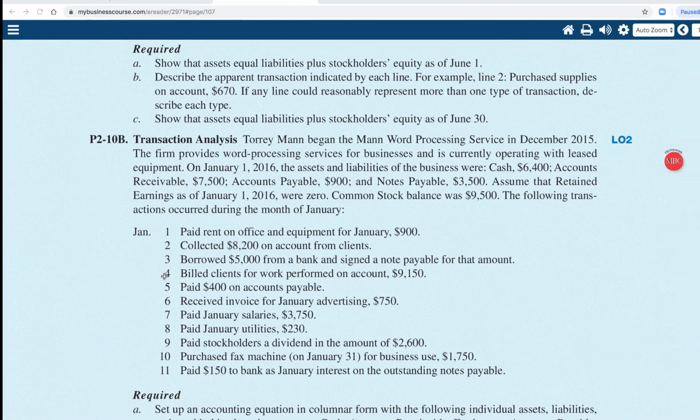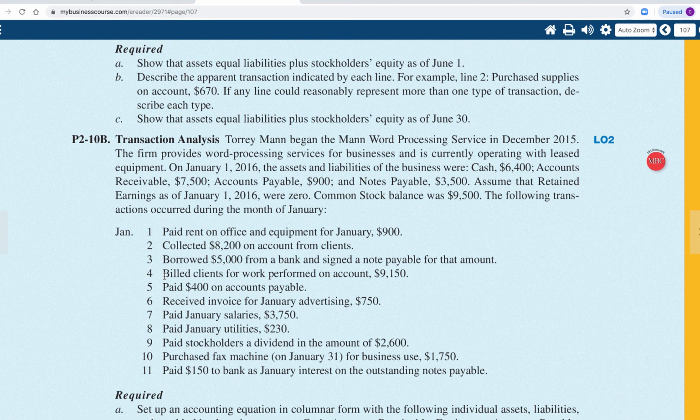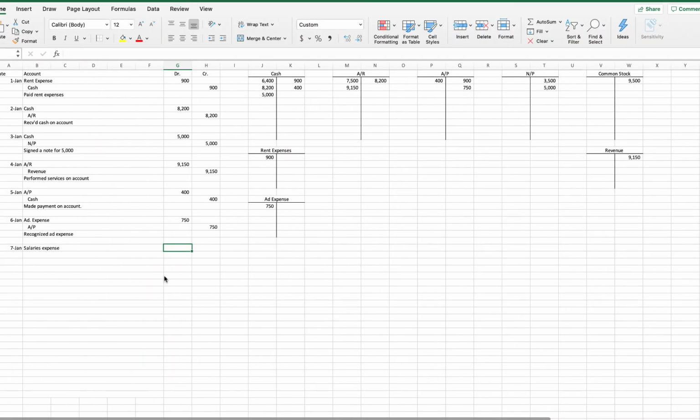And I apologize, I forget the dollar amount. $3,750. So $3,750 debit to salaries expense, and I'm going to credit my cash. Remember, debits go first, credits go second. Indent your credits. Cash, $3,750. Now I need to post these.